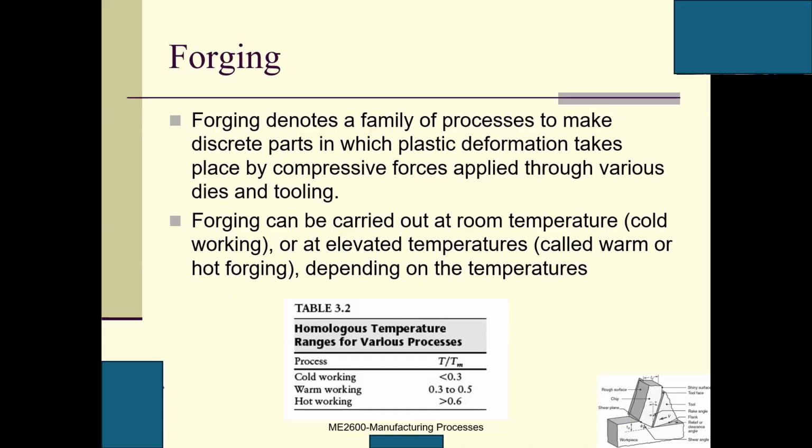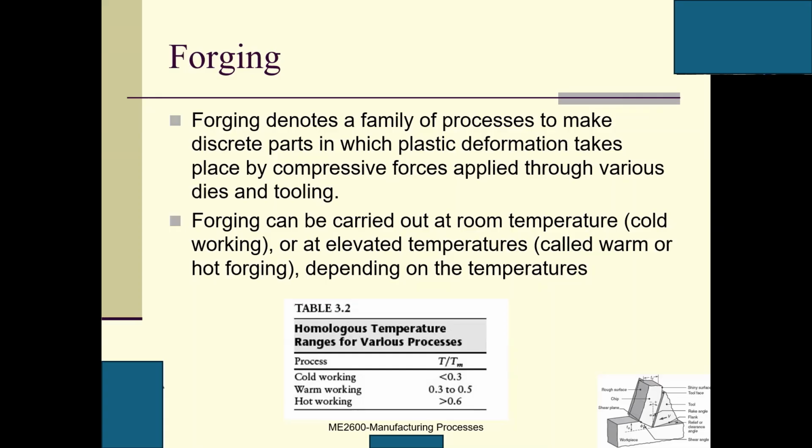But in this textbook, the authors are more meticulous and give us three categories. This is T, and this is the melting temperature, Tm. But you need to know that Tm, the melting temperature, is not the recrystallization temperature. You be very careful.